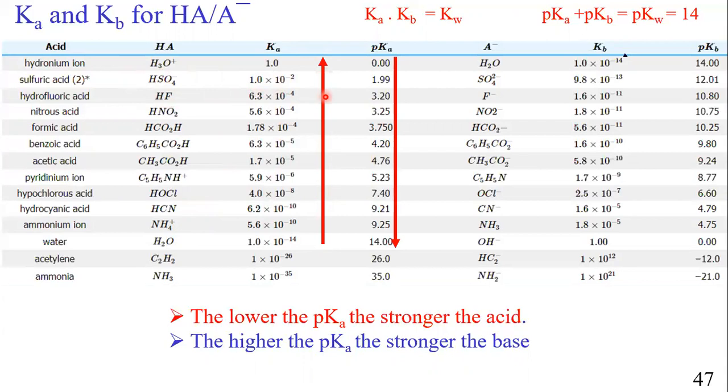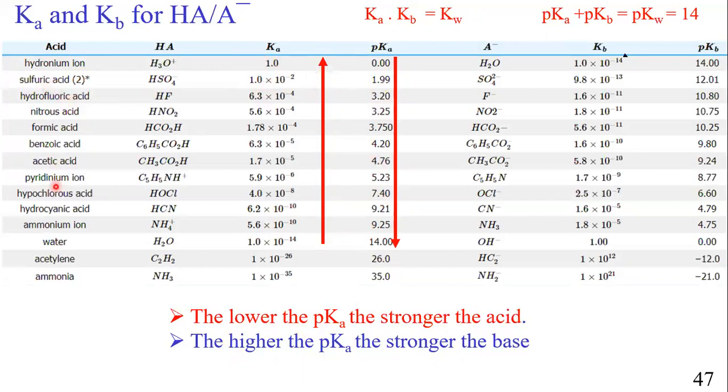Look, as my Ka is large, the pKa is small. The smaller Ka gets a higher pKa. And thus we can say that the lower the pKa values, the smaller pKa's right up here, the stronger the acid. They are the stronger acids, not the strong acids.